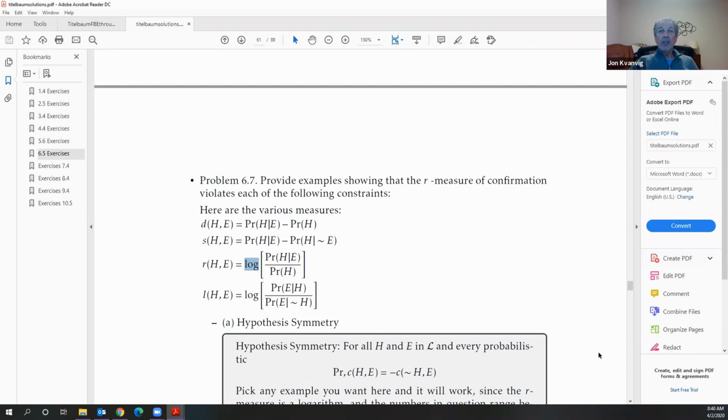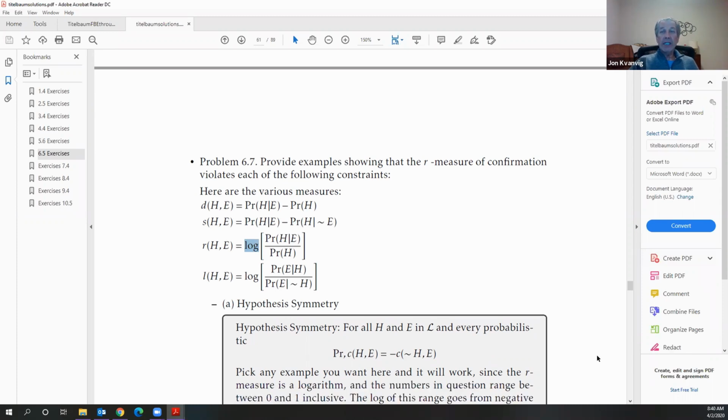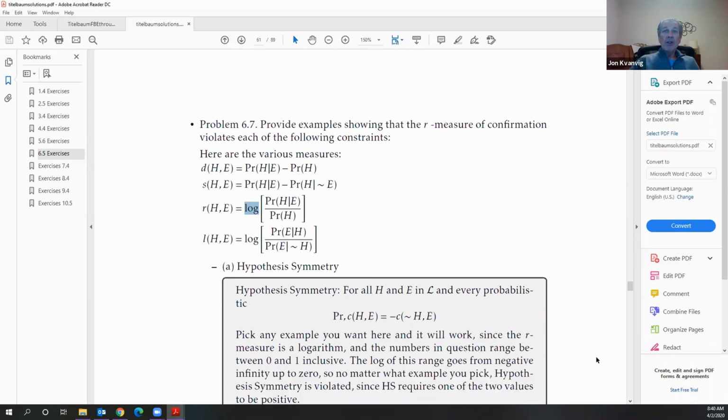I mean, it's not like there's just a random counterexample here. There aren't any cases. Well, actually, there might be cases where both of them have a measure of 0, but that would be it. So the R measure is a logarithm, and the numbers in question range between 0 and 1 inclusive. So the log of 0 is negative infinity, and then it climbs all the way from negative infinity up to 0. So every ratio measure is going to be a negative number, except in the case where the probabilities are 1, and then it'll be 0.